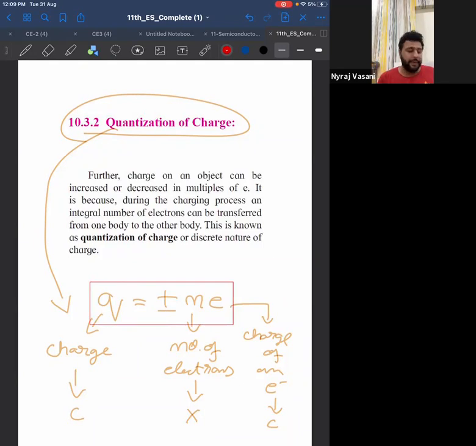Therefore, write down second property, quantization of charge. And below that, write down the formula directly.